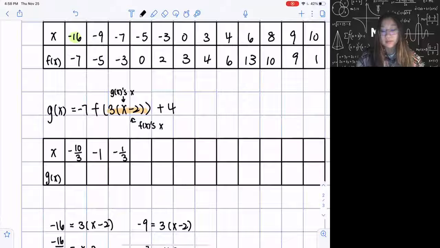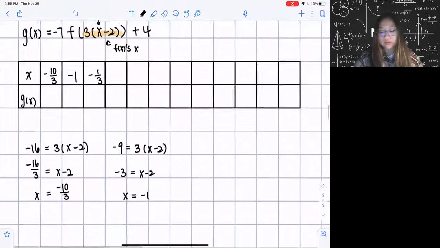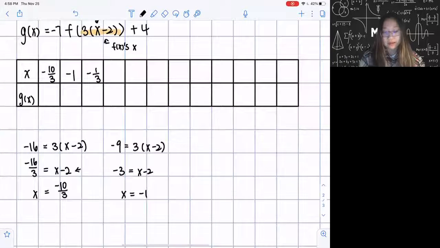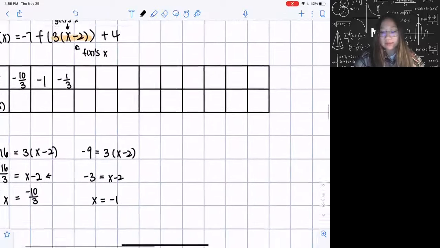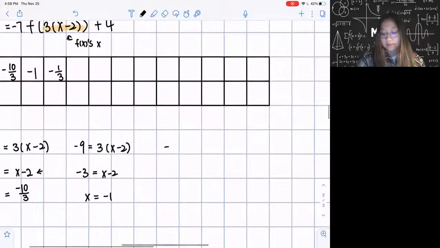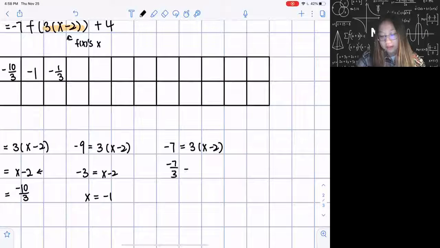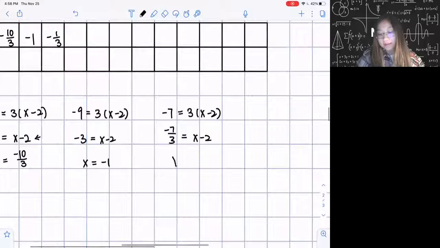Some of you might be wondering, how can I do this step, a fraction plus an integer? Hopefully you learned that in Algebra 1, but if you don't know that, let me use -7 as an example. -7 equals 3x minus 2. So -7 over 3 equals x minus 2. Here I have x equals -7 over 3 plus 2.